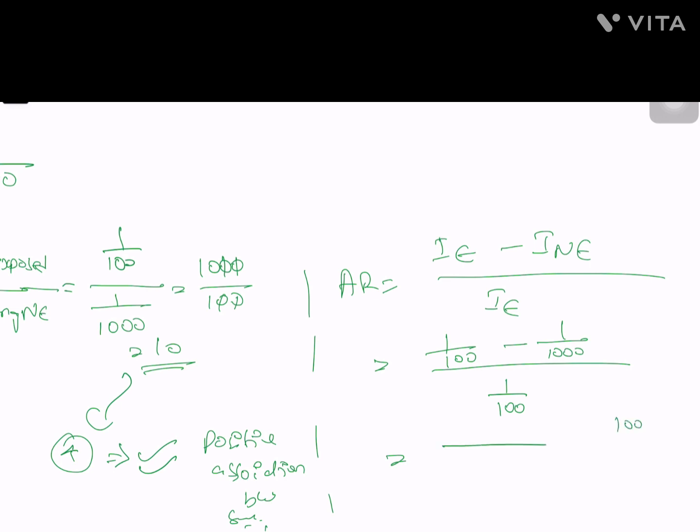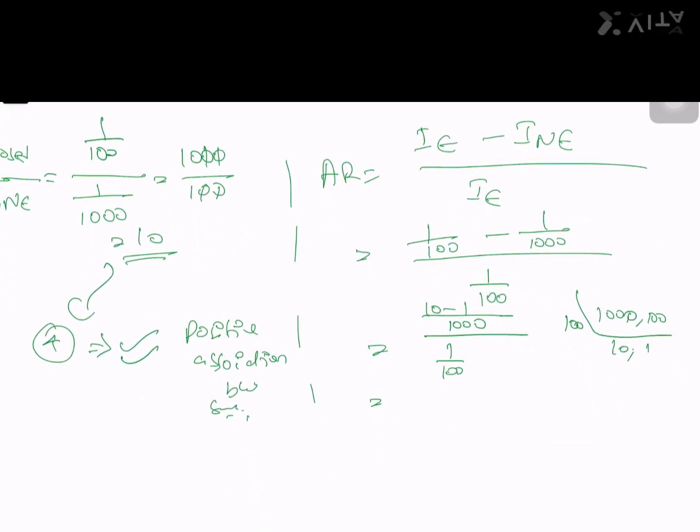So it comes to 9 by 1000 into 100, zeros cancel.